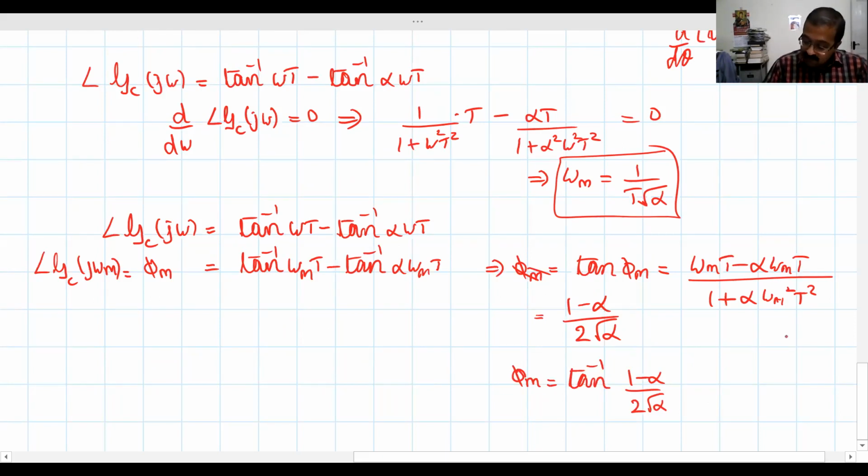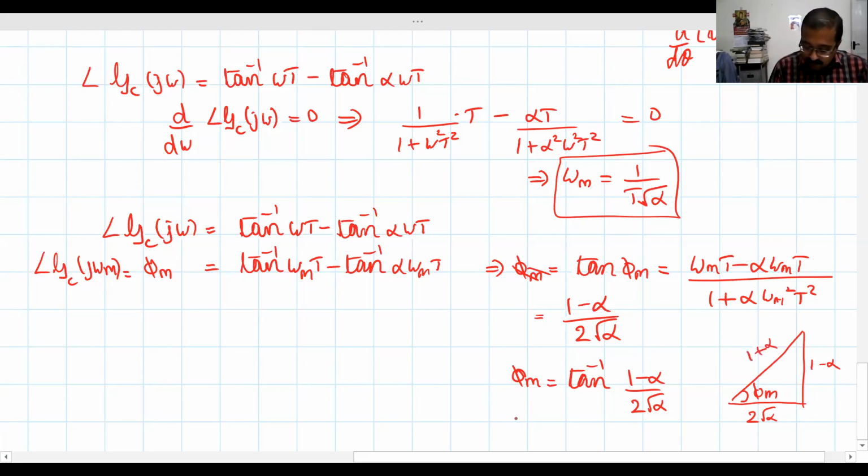Now, consider a right angle triangle. Suppose this angle is phi m. What is tan theta? Opposite side by adjacent side. The opposite side will be 1 minus alpha and the adjacent side will be 2 root alpha. So what will be the hypotenuse? The root of adjacent side square plus opposite side square, which gives 1 plus alpha.